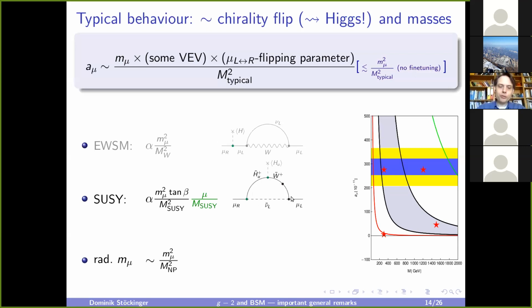And this combination of factors gives rise to the well-known enhancement by tan beta, because we couple here to the vacuum expectation value H_u, while in comparison, the muon mass at tree level is generated by the smaller vacuum expectation value H_d. So this gives rise to a tan beta enhancement. And looking at the details, you also see that the Higgsino mass is really important.